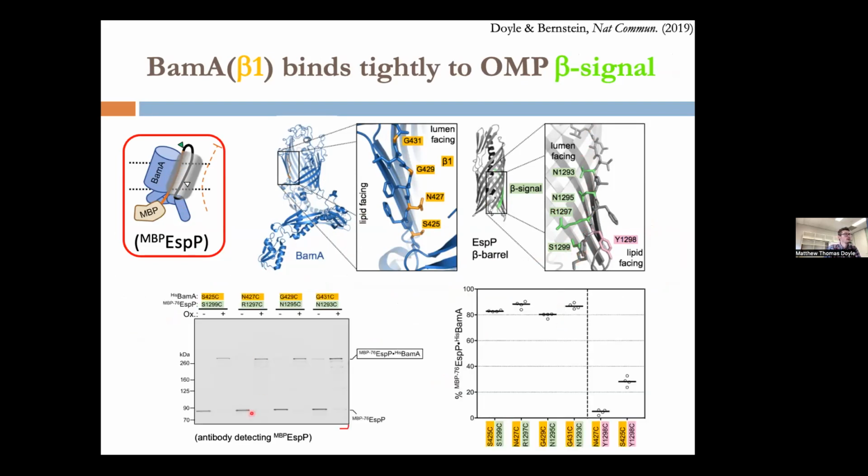And lo and behold, if we have the full length here unoxidized, expressed both of those in the same cell, then 100% of the stalled ESPP is bound and cross-linked to BAM-A beta strand 1 through this interaction with the beta signal. And so we could zipper the protein all the way up. So this is a beautiful, specific hybrid sheet. And this is in vivo data. So you can see that very high level cross-linking.